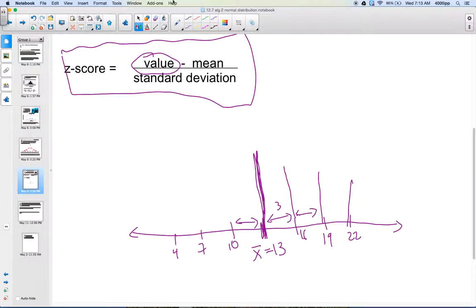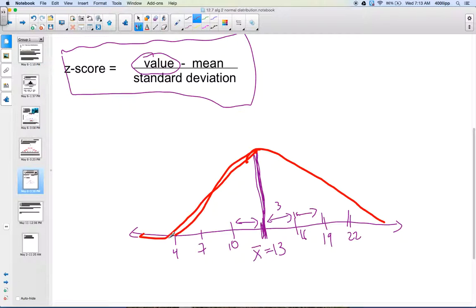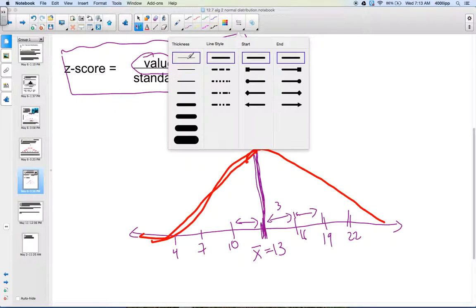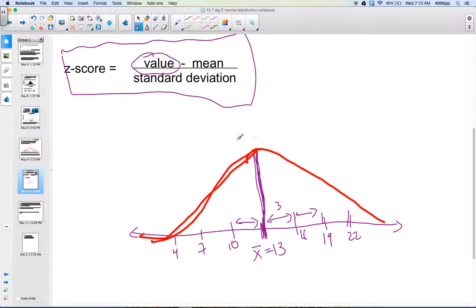Let me erase this and draw in my normal curve. Now, it wants to know one standard deviation away.